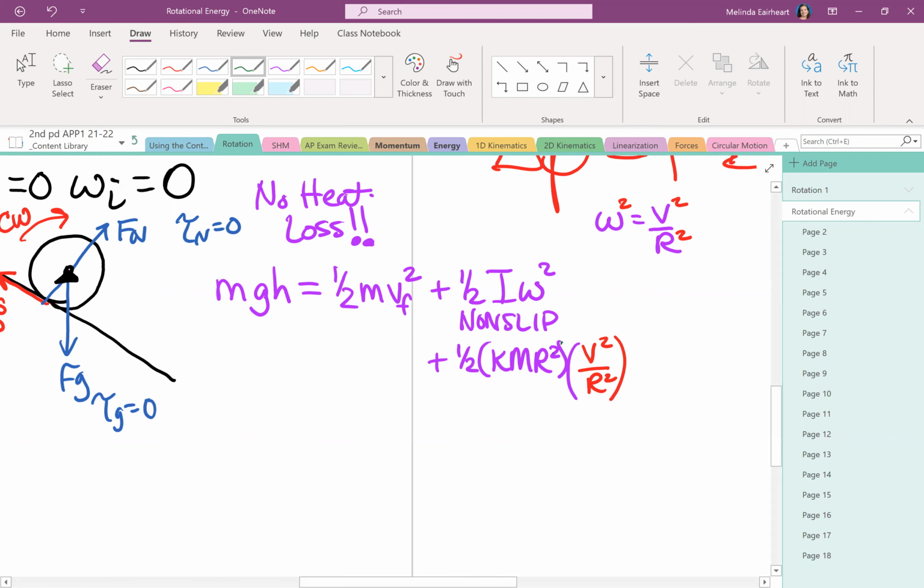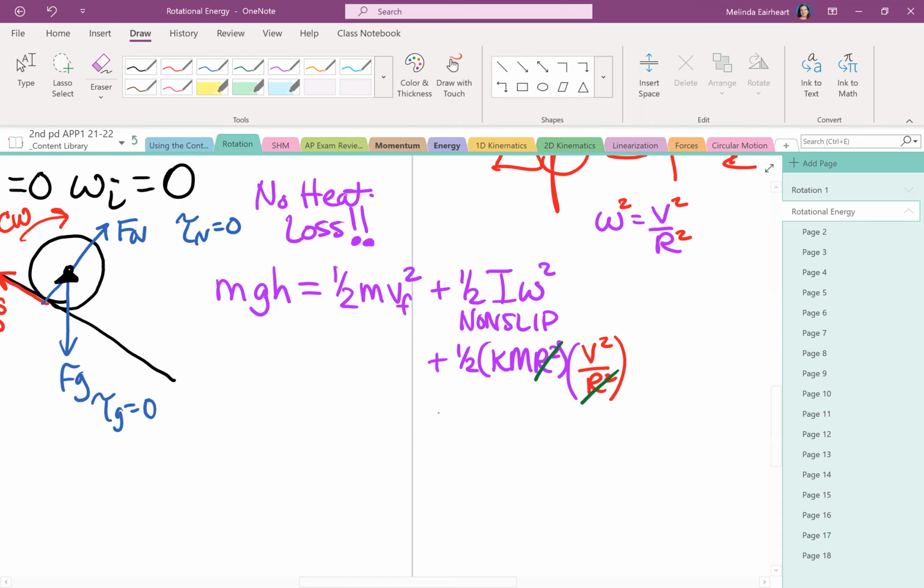R squared, it's the same disk. We're talking about the same tangent point with the same radius as the disk. R squared cancels. So the demo last class, he said, I got a teeny tiny radius and I got a really big radius. Why did they tie? Why did no winner happen? Radius cancels.